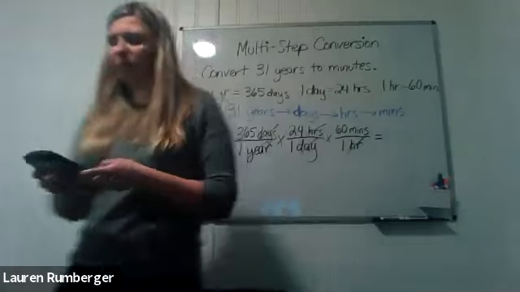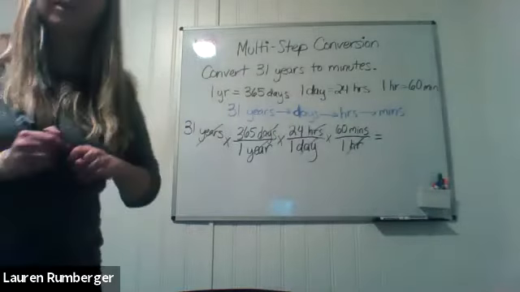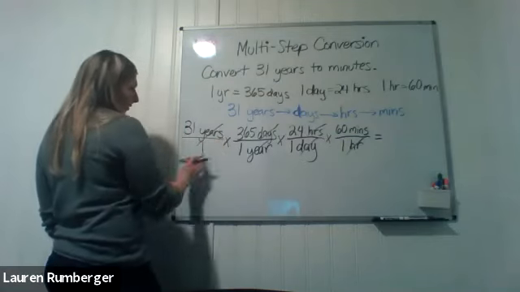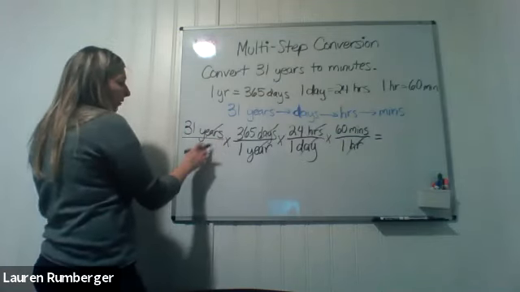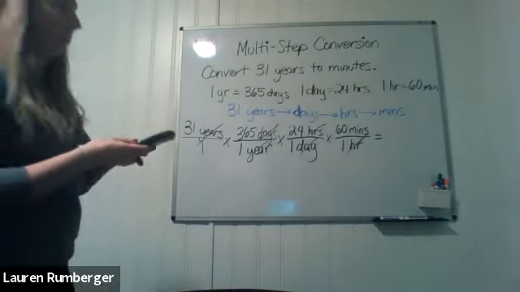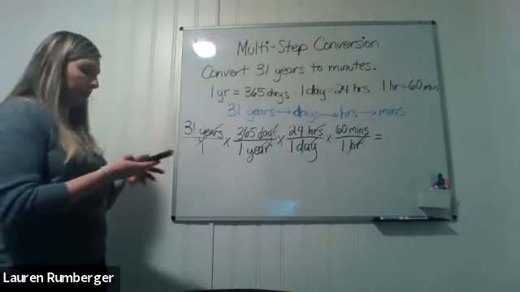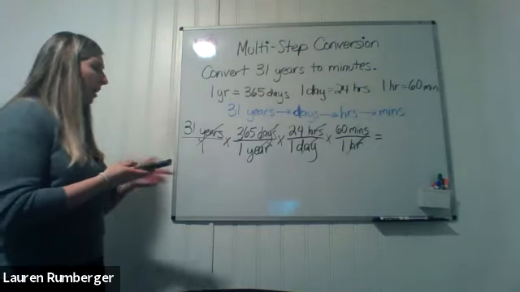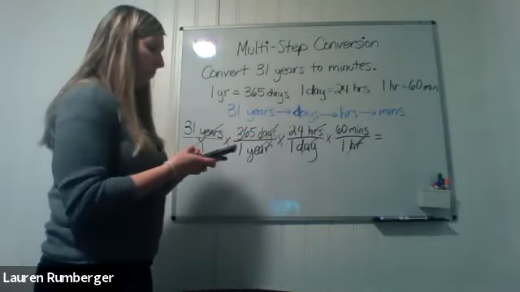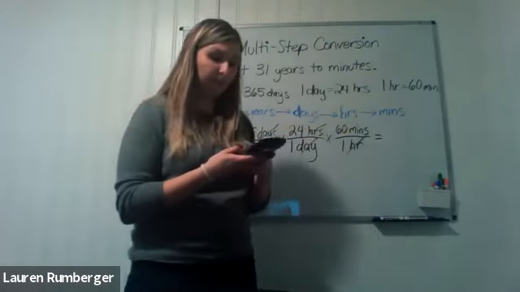So all of our values in our calculation will be multiplied. Remember, if you want to put a placeholder here, you can put this over 1. So we're going to begin here. 31 times 365 times 24 times 60.